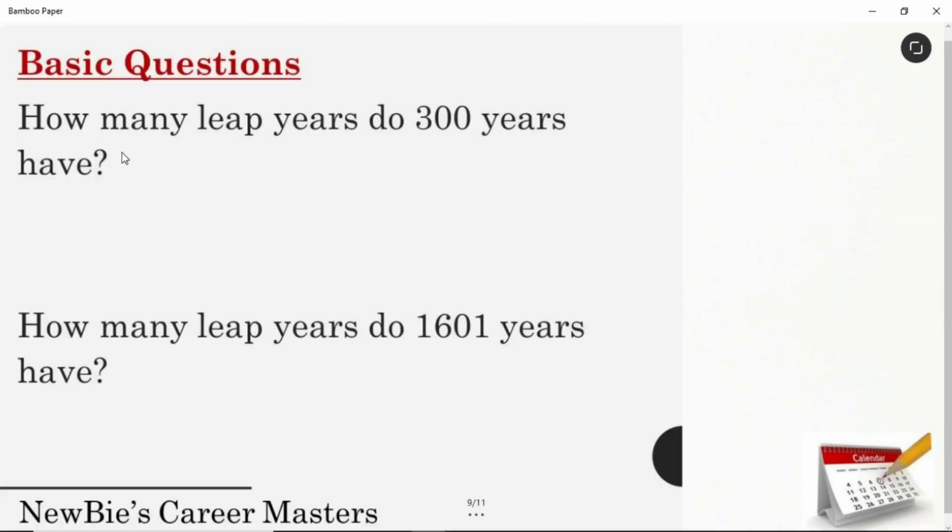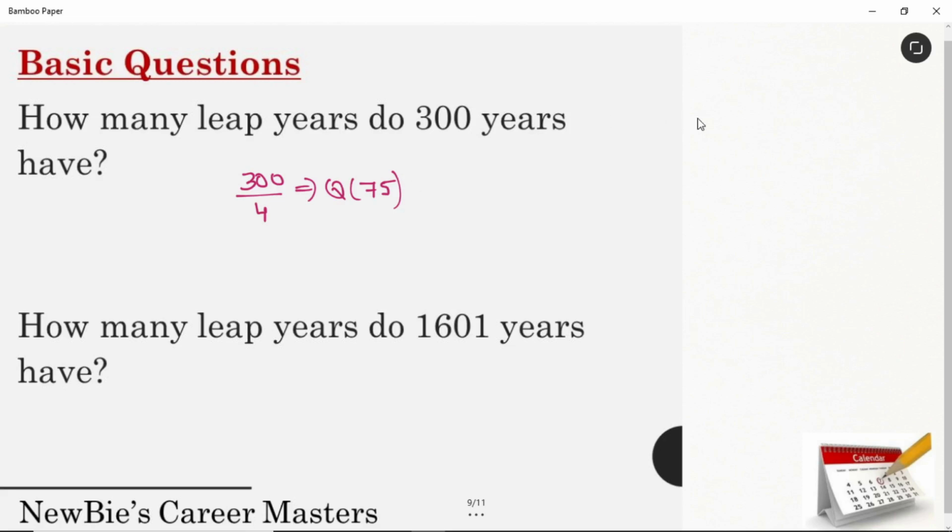We'll come to the next question. How many leap years do 300 years have? We know how to solve this question. First step is 300 divided by 4. We have to concentrate on the quotient. Quotient is 75. But we should not stop here. Why? We need to solve century years separately.